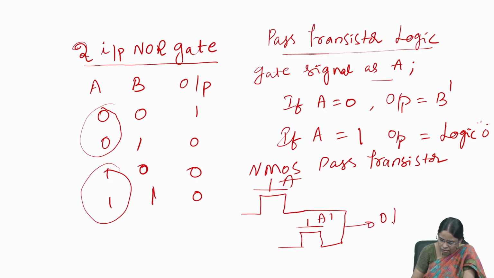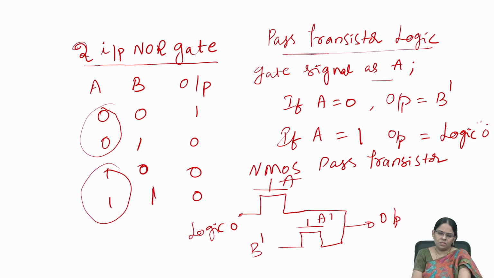Here I take the output. If A equals 0, output is B dash. So this is on for A equals 1, and for this the input should be B dash. If A equals 1, output is logic 0, so this input should be logic 0. Otherwise, in place of logic 0 you can use ground. This is how you can implement NMOS pass transistor logic for a 2 input NOR gate.